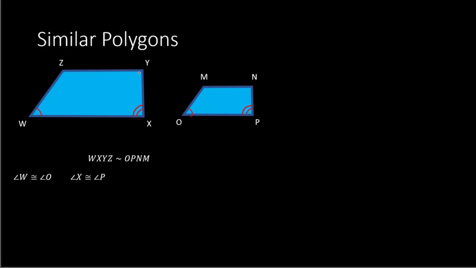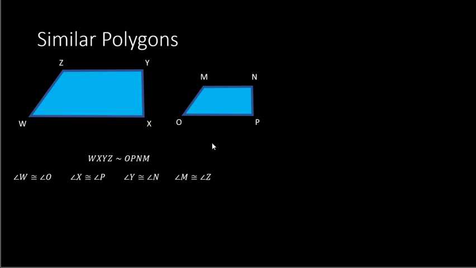And then angle Y up here would be congruent to angle N right here. Those are both corresponding, so they're congruent. They're the same size and shape. And then lastly, Z and M would be congruent, because those are both in the top left corner. So those would have the same measure as well. So that is one part of similar polygons, which is where the corresponding angles are congruent.